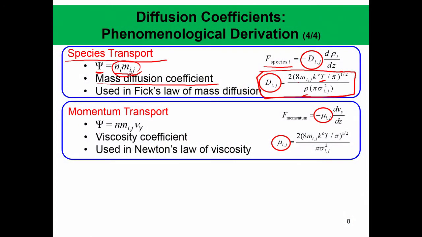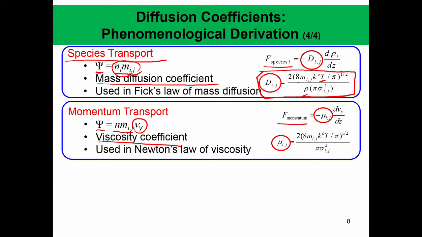Now, if you say momentum transport, we write this property xi, which was a generalized property, as n times Mij, which is for the mass, and then times Vy. When you take d xi dz, it essentially becomes dVy dz, and then we find out the viscosity coefficient.